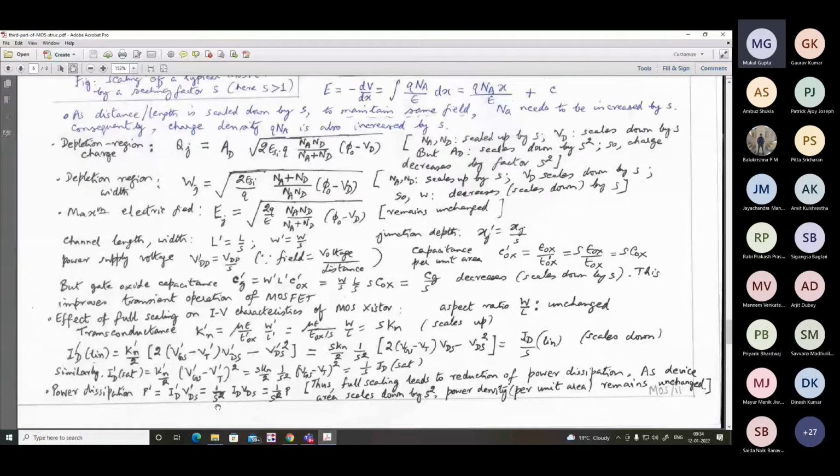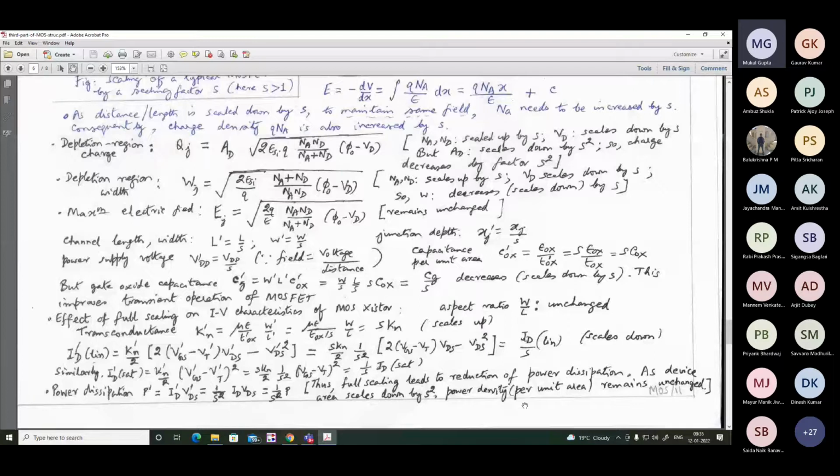So over here, phi naught would change by ln S square, right? Means the built-in potential in the depletion region, charge, and other parameters. Phi naught means we are pointing to built-in potential.